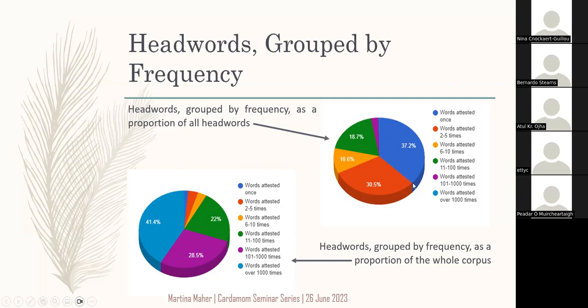So of the nearly 8,000 head words that we have, about 37% of them only occur once. However, if we group them by frequency and then look at how much space they take up in the corpus, because the more frequent ones occur in more places, then the words that are attested over 1,000 times take up 41% of the corpus.